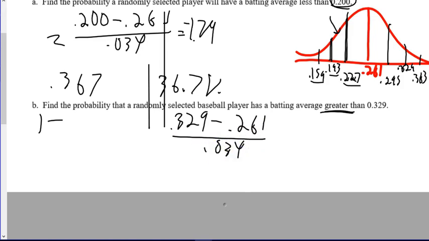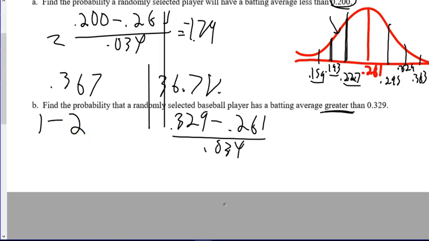And that's going to give me the z-score for that batting average. So 0.329 minus 0.261, enter, divided by 0.034. And that's exactly 2.